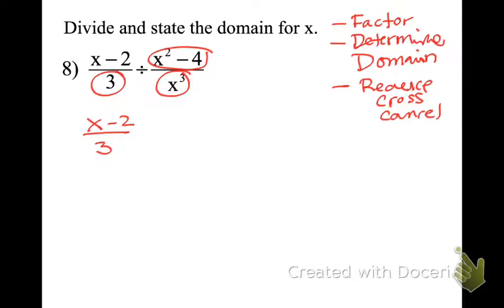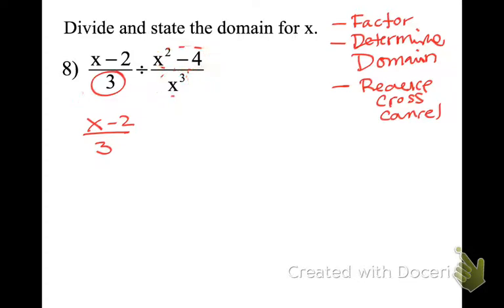Does that make sense? Because all 3 of those will be a denominator. And the rule is thou shalt not divide by a 0. I can't have a 0 in the denominator. So I have 3 potential denominators. This one, and this one. Does that make sense?